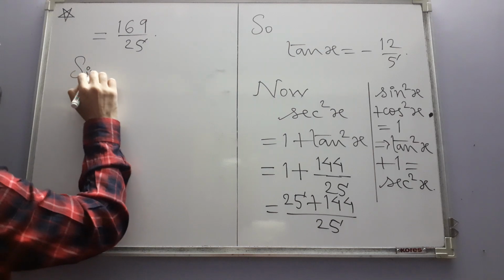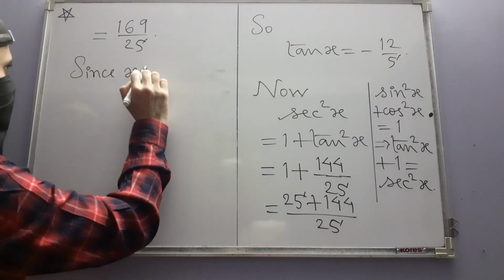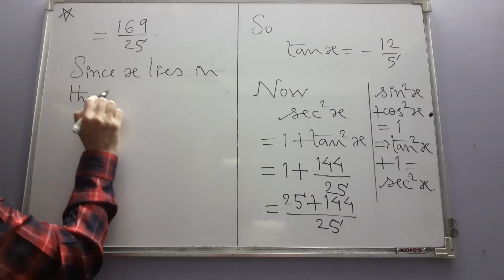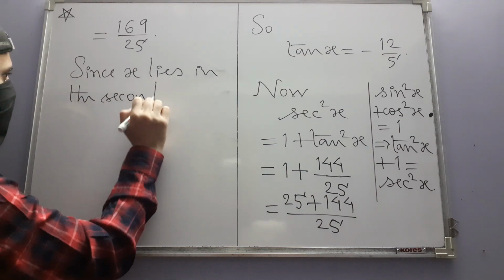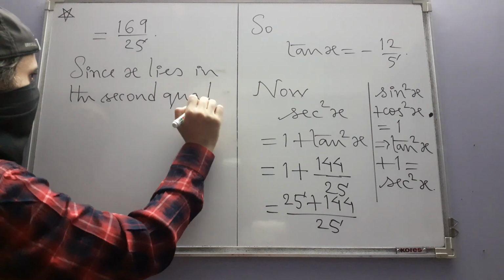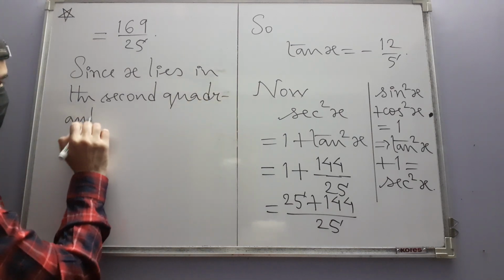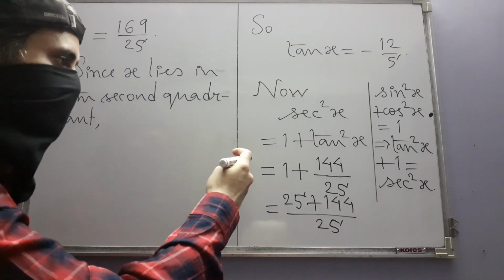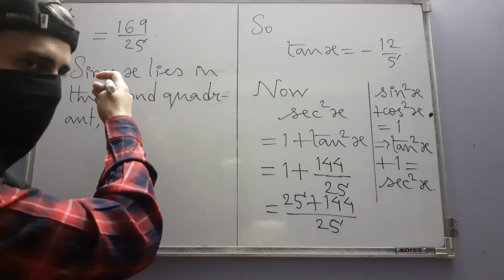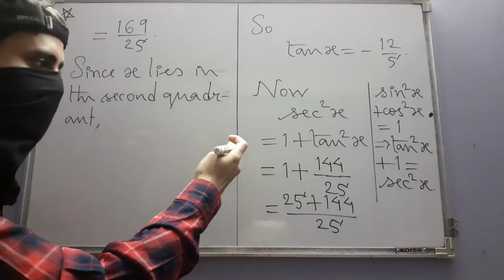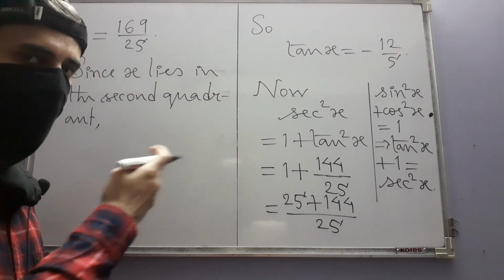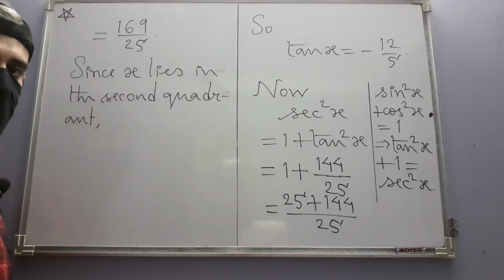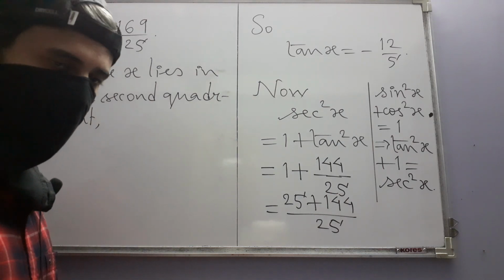Since x lies this time in the second quadrant, so in the second quadrant means what? In the second quadrant the x coordinate is negative, so cos x is negative. As a result, secant x is also negative, because secant x is just the reciprocal of cos x.